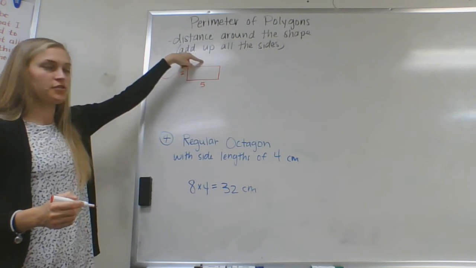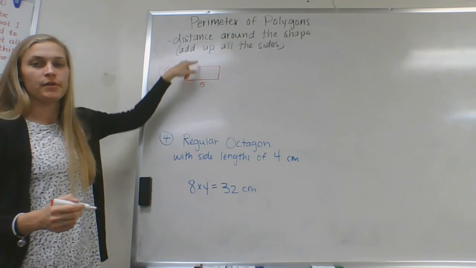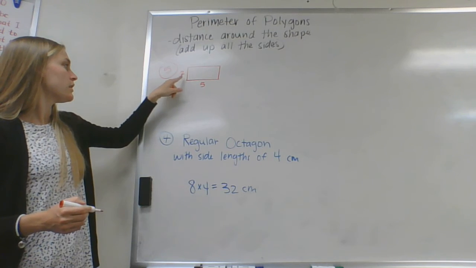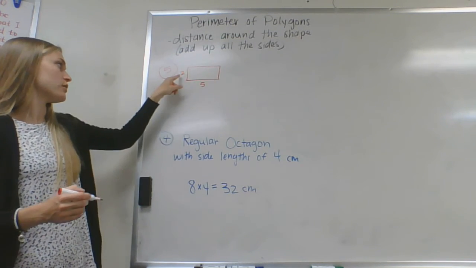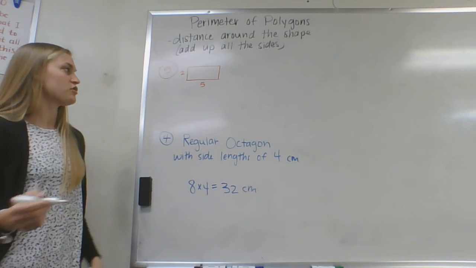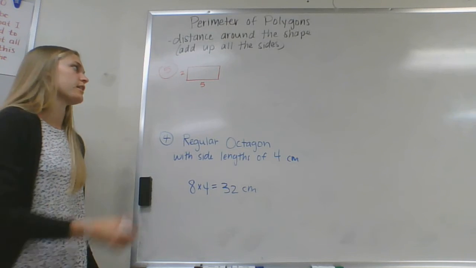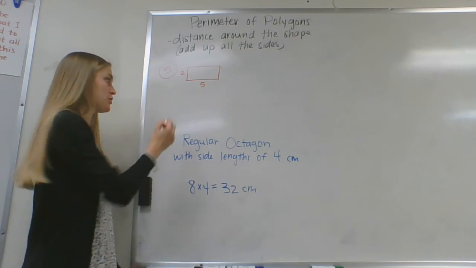If you know this side's 5, you know that side's 5. It's a rectangle. So that would be 10. You just multiply your 5 by 2. And then 2. And you know this side's going to be 2 because it's a rectangle. So 2 times 2 is 4. So you're adding 4 plus your 10. So there's some shortcuts. You don't have to necessarily add 2 plus 5 plus 2 plus 5. But you guys know that because that's a review from last year.